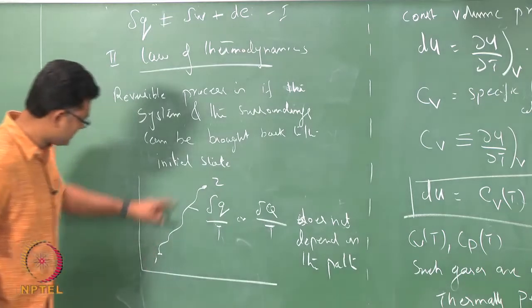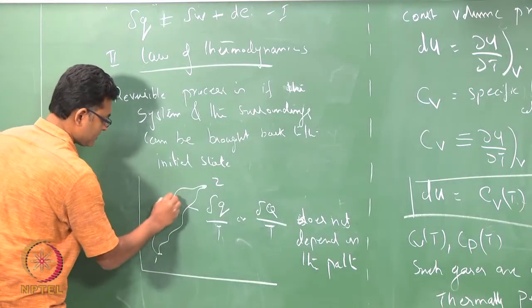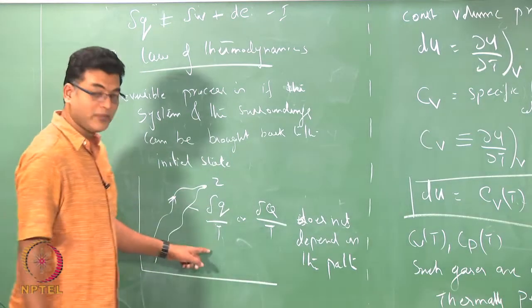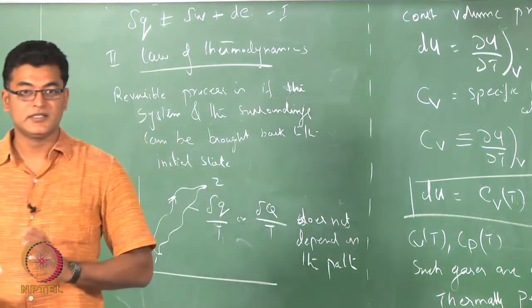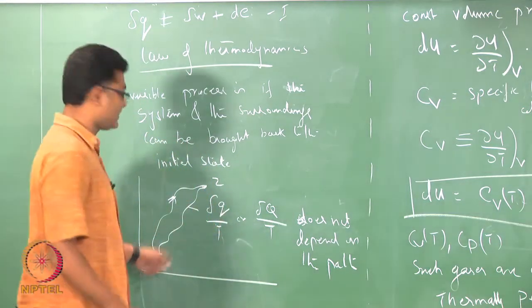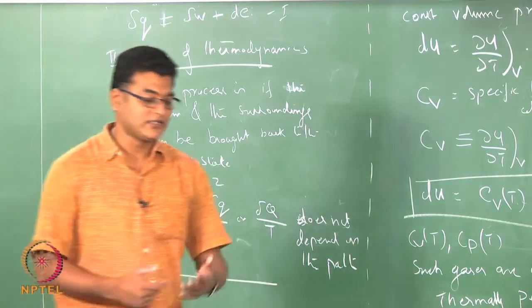So whether I go from this path or I take another path, the delta q by T is going to be just a function of that particular state, that location of the state.